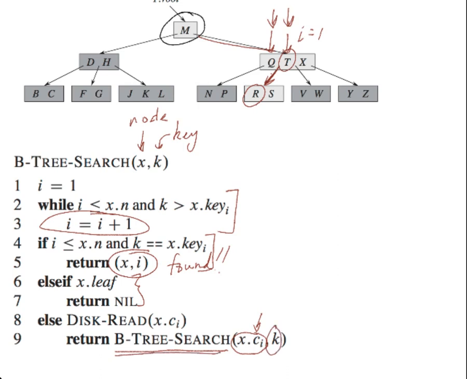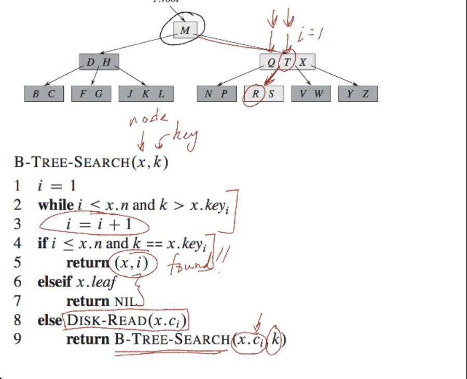Now notice there's one extra thing, and that is we need to read in the child from disk if it isn't already in memory. Since we're targeting applications where the tree is going to be stored on disk and we're only going to be able to have part of it in memory at a time, that's going to be important.